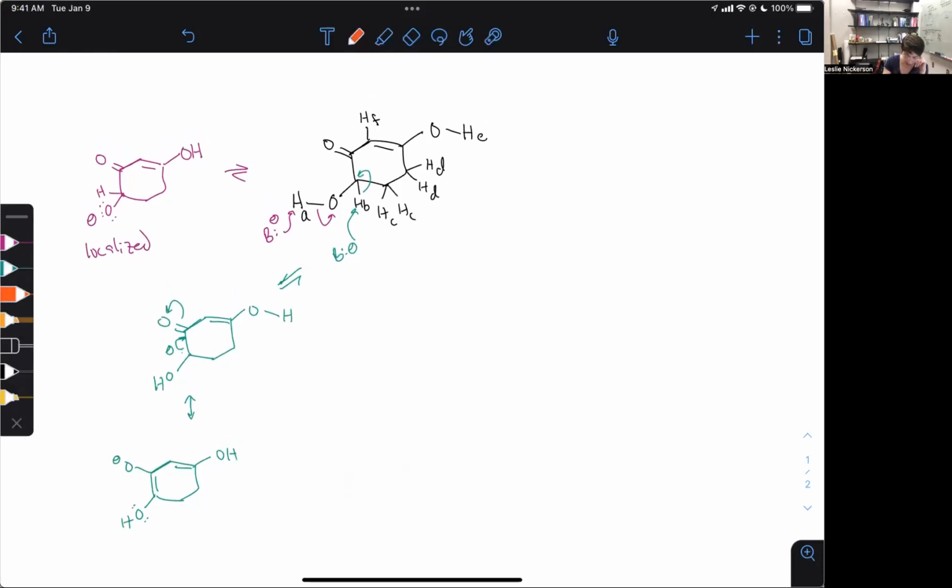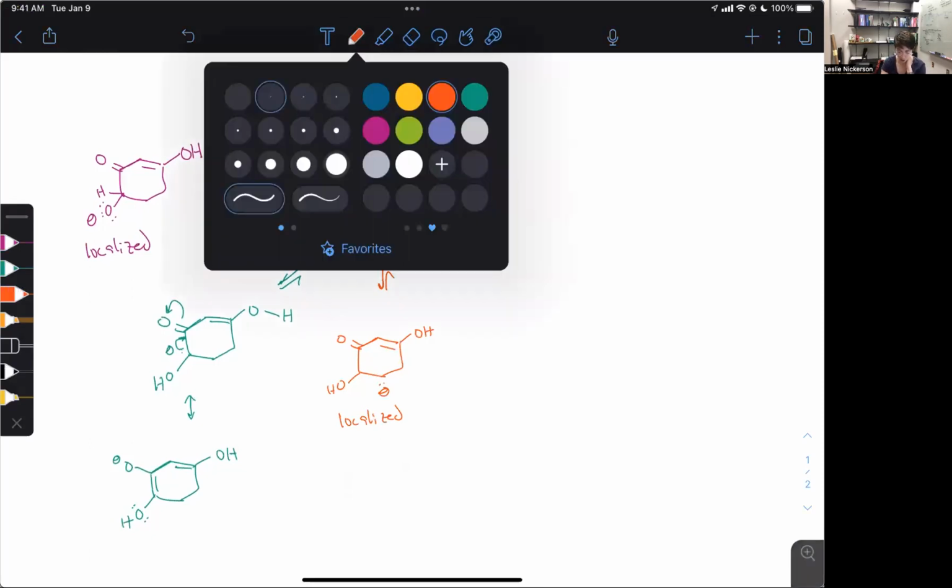So let's go ahead and look at C. C is surrounded by sp3 carbons. It's localized.